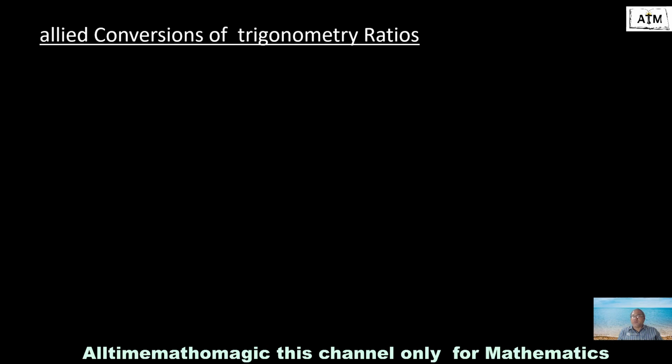Allied conversions mean when you are dealing with 90 plus theta, 90 minus theta, 270 theta, in such conditions, how to convert one trigonometric ratio to the other. That means what would be the result when you are dealing with the allied angle in trigonometry. So for that, I got a little logic here for you, and if you understand this logic, it would be very easy for the conversions in trigonometry.